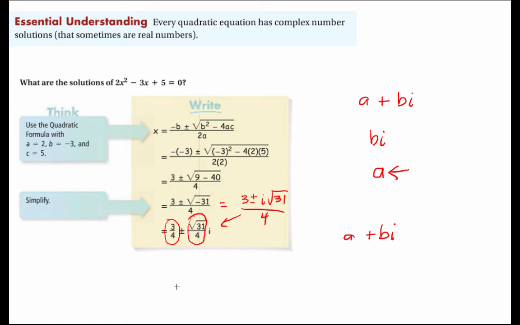It would be standard to write it this way. We take the 3 over 4 as our real part, and the plus or minus radical 31 over 4 is the b part, in front of i. So this is how we would write the solution to this quadratic equation: real part, imaginary part.